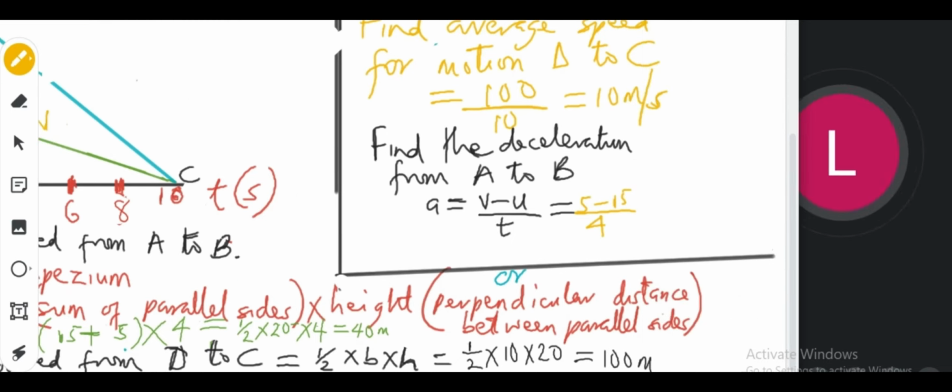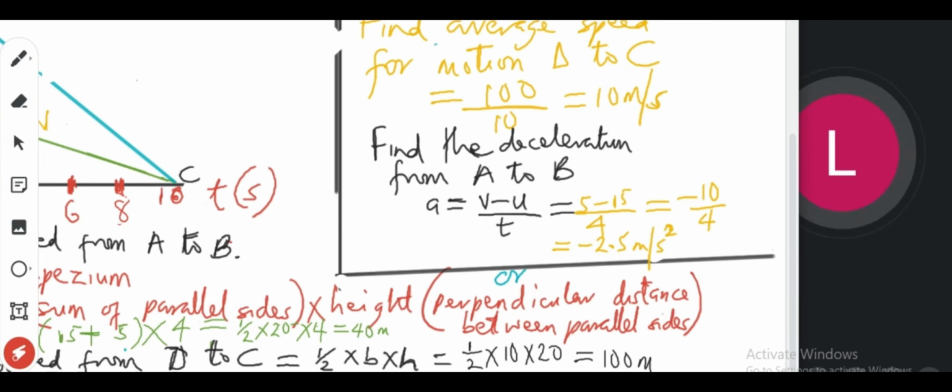So that will give us minus 10 over 4, which will give us minus 2.5 meters per second squared. But it's asking for deceleration.